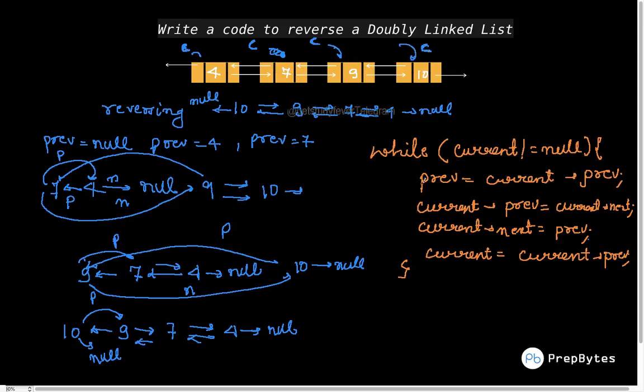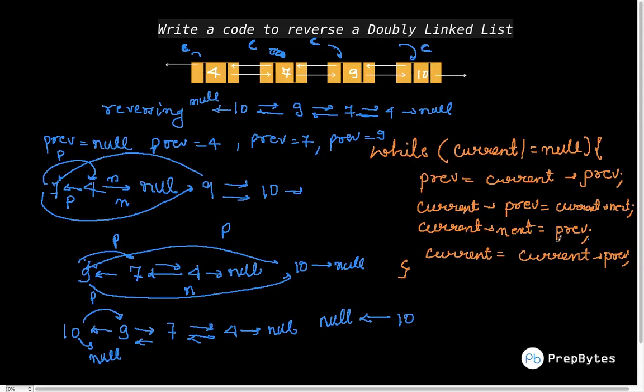Again we store prev as 9. Current prev equal to current next, so the prev of current, which was 9, becomes current's next, which is null. Now our list looks like this: null, then 10.